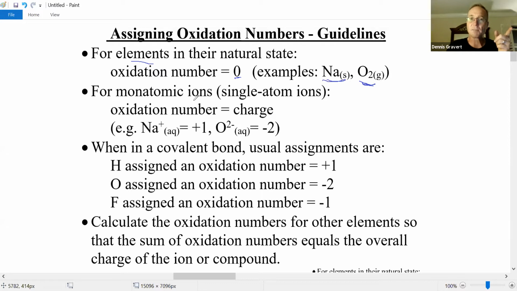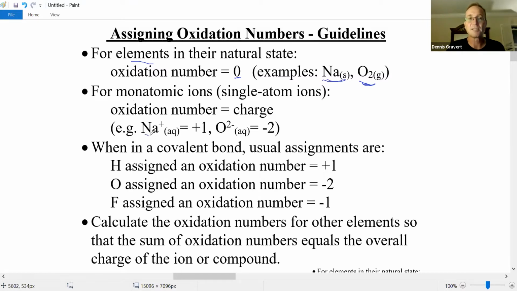If you have a single atom ion, scientists, we love putting new words on every new idea. Single atom ions doesn't sound sciencey enough. So let's use the word monatomic. Yeah, it sounds much more clever. Mono, you'll remember, means one. Atom, building blocks of nature. Monatomic means one atom ion.